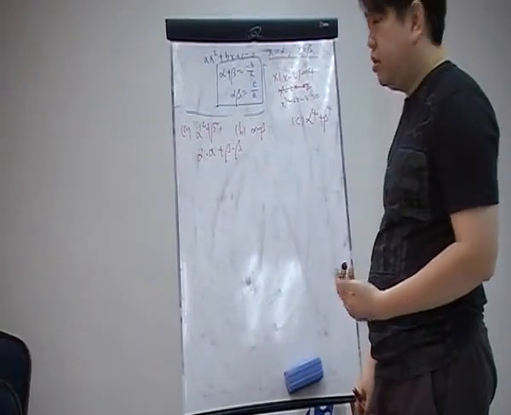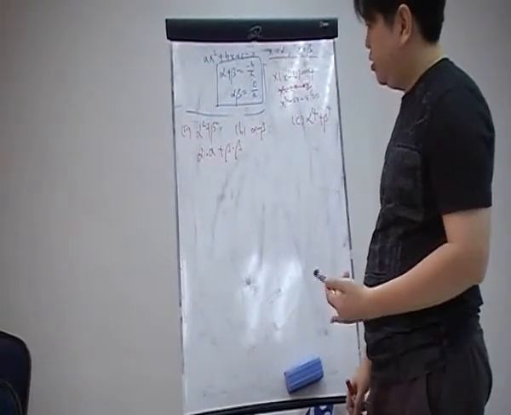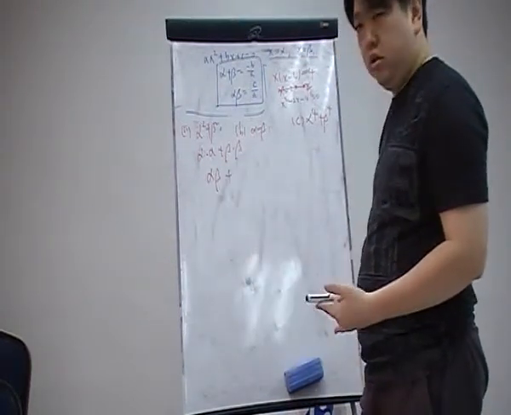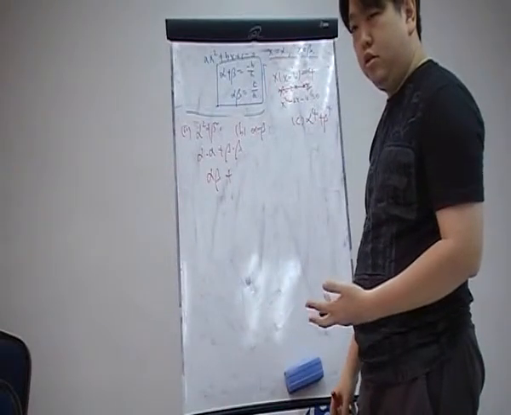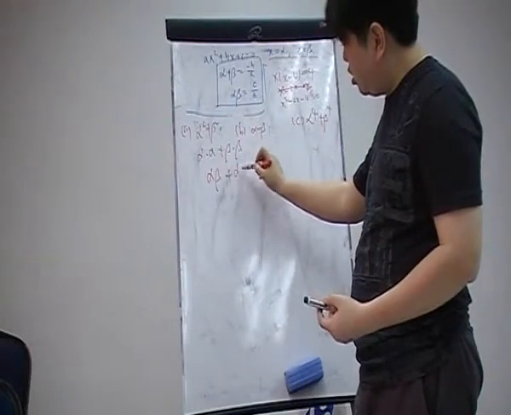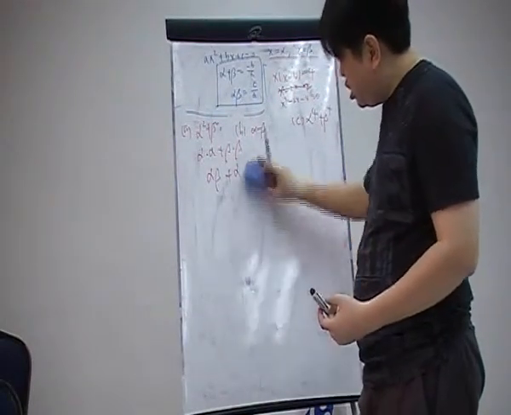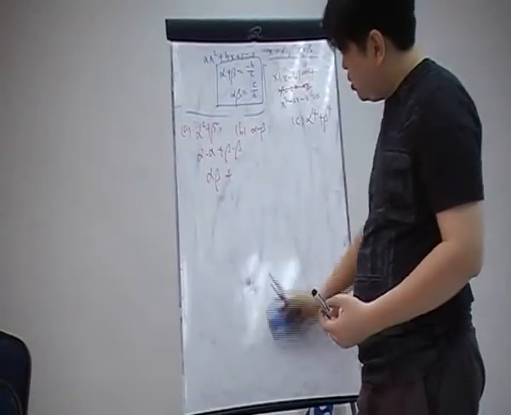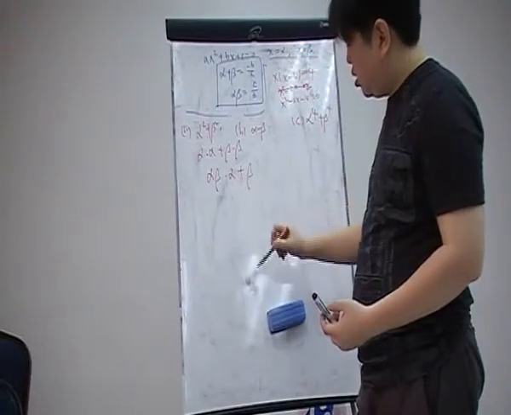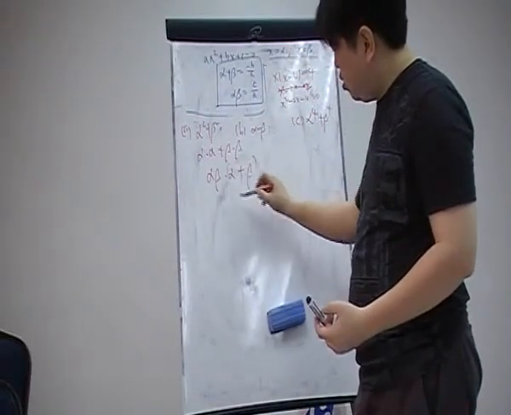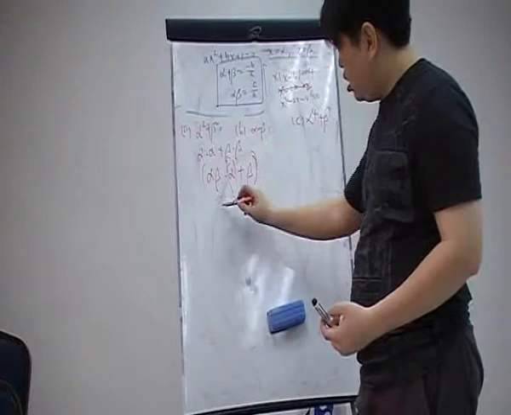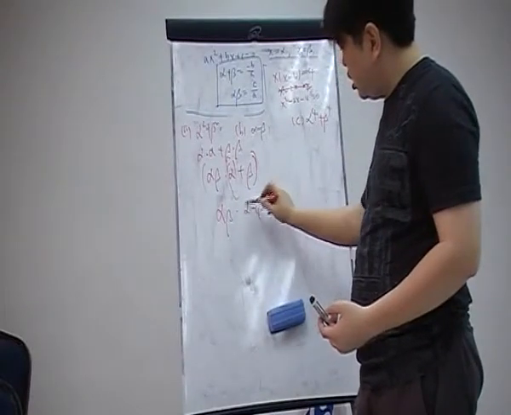Then alpha times beta, alpha times beta times alpha plus beta. Bracket this way or bracket this way? Alpha beta dot alpha plus beta, is it?